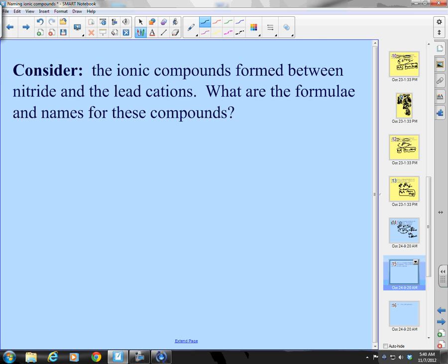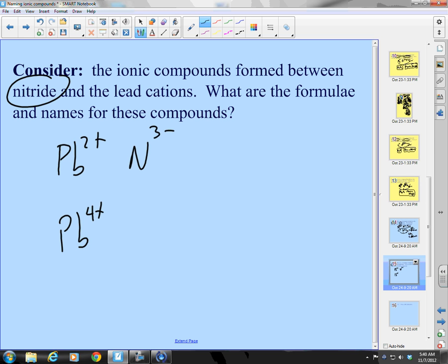So I can have lead 2, or I can have lead 4. And nitrogen, we should know now, is a -3. Okay, what's my least common multiple between 2 and 3? 6. How many leads does it take to get to 6? 3. How many nitrogens does it take to get to 6? 2.